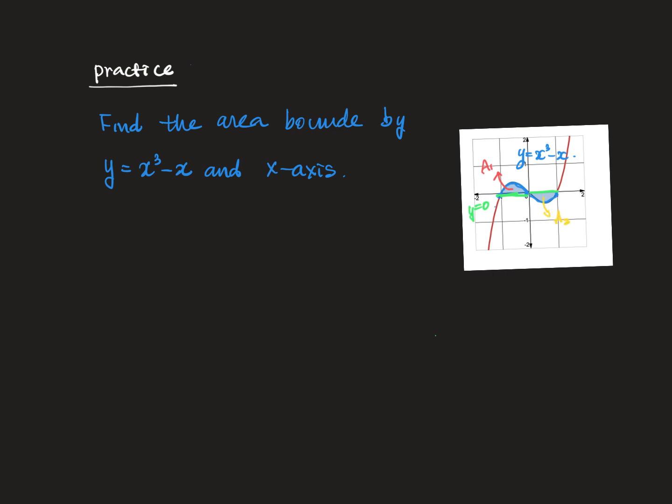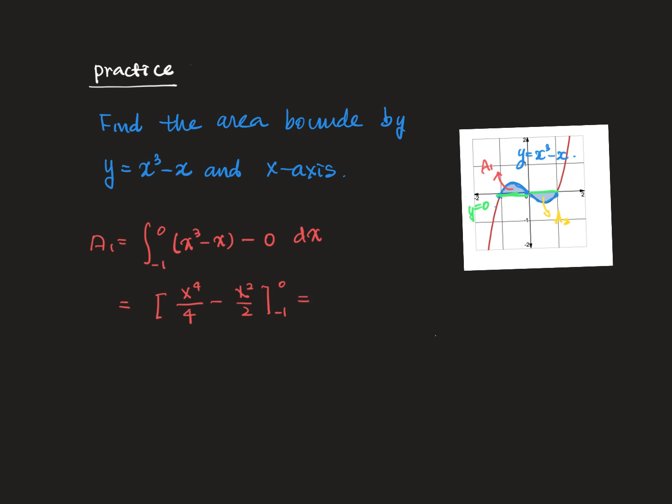Let's find A1 first. A1 is from negative 1 to 0. What is the upper curve? x cubed minus x. What is the bottom curve? 0, dx. This one is x to the fourth power over 4 minus x squared over 2, from negative 1 to 0.